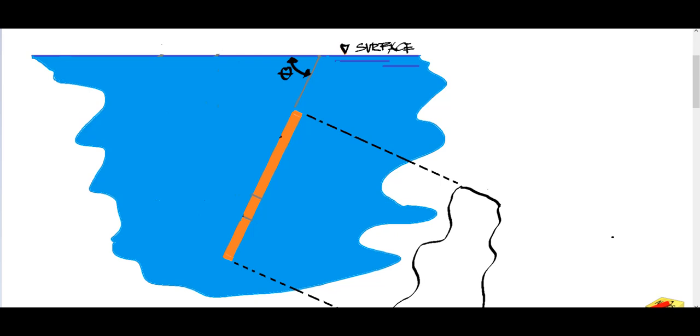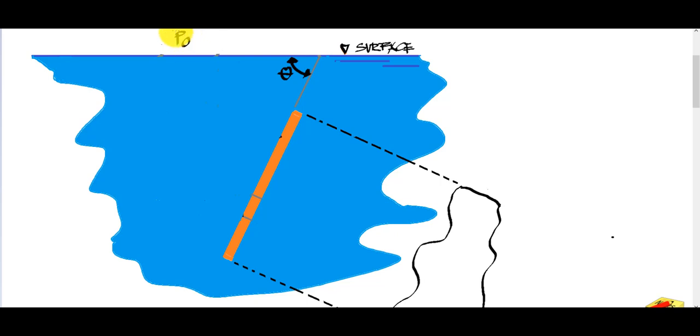Then the plane of this surface intersects the free surface at an angle of theta as shown, and we'll be taking the line of intersection to be the x-axis. Now the absolute pressure above the liquid is given, that will be P0. So we have here the P0.